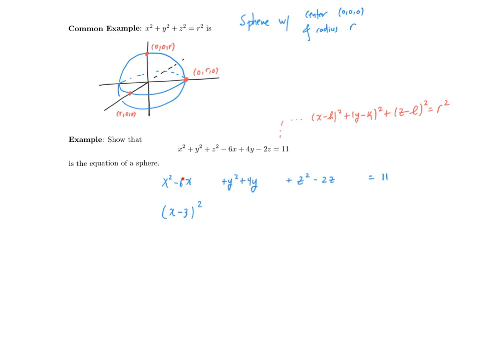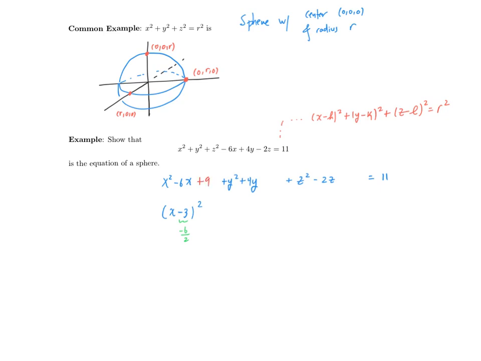We just took this number minus 6 and we divided it by 2. So this 3 is really just minus 6 over 2. And note, those are not actually equal to each other. If you were to expand out x minus 3 squared, it would be x squared minus 6x plus 9. So to make those equal, I need a plus 9.